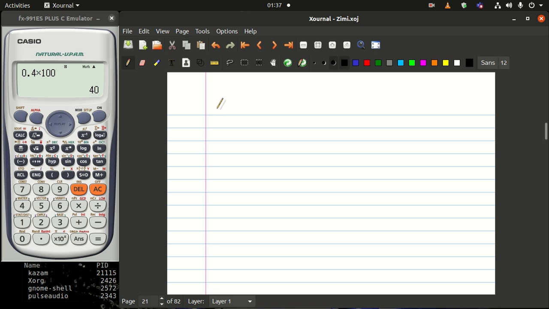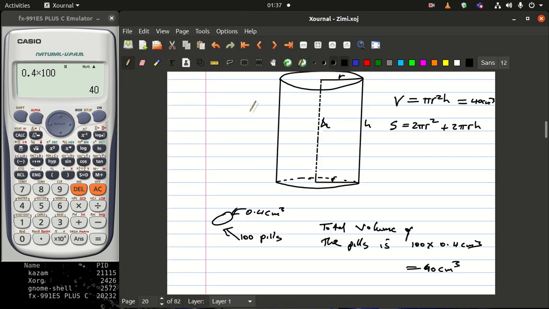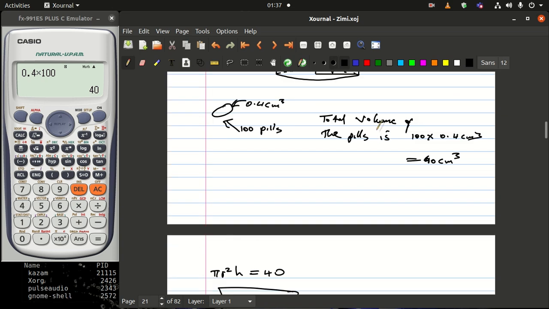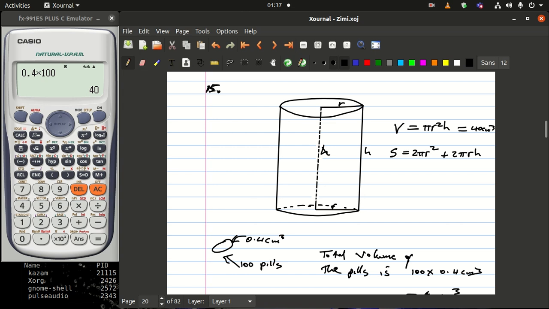So basically we end up having pi r squared h equal to 40, which means that our h is just equal to 40 divided by pi r squared. We are having the equation of the height.